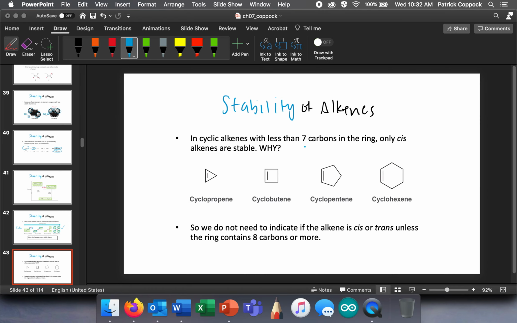So in cyclic alkenes with less than 7 carbons in a ring, only cis alkenes are stable. Why is that? I would encourage you to please consider stopping the video now and trying to build this.